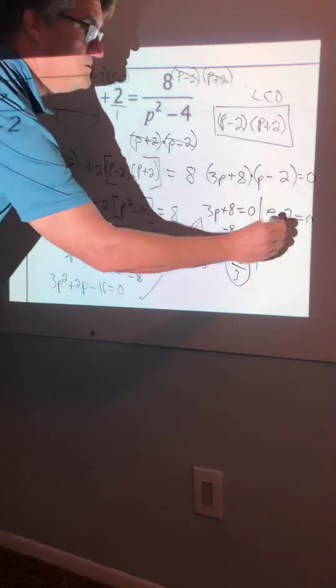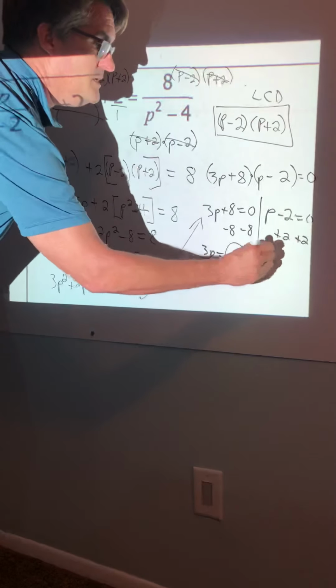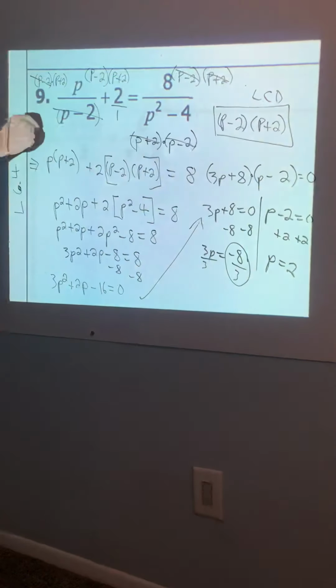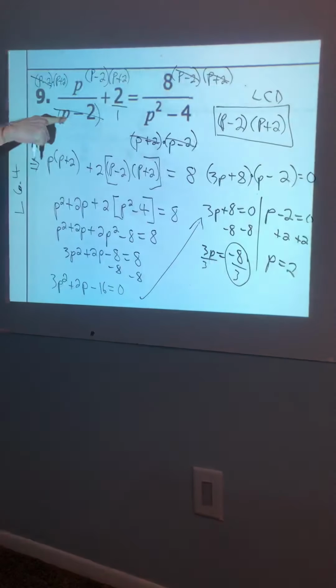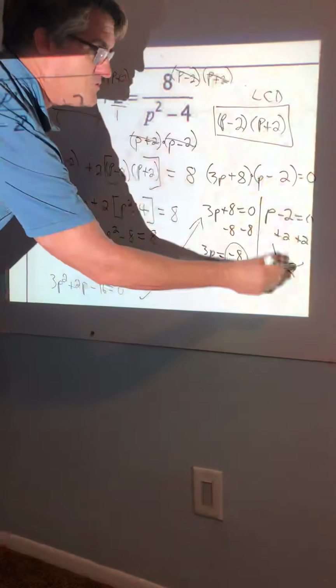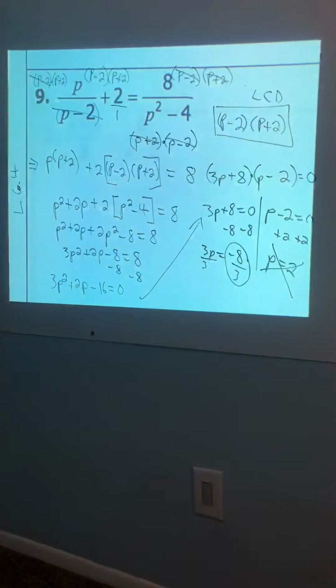You're going to add 2, you're going to get p equals 2. Now go back to the original problem. Did we have any restrictions? Look, you can't have the number 2. If you plug in 2, 2 take away 2 is 0, so you've got to cross out this answer as an extraneous solution. Okay? Folks, we are not going to move on too fast from this, okay?